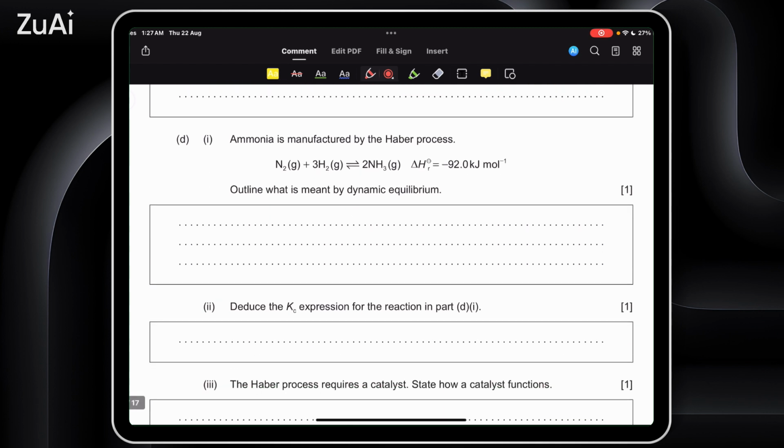Okay, what is meant by dynamic equilibrium? When the rate of forward reaction becomes equal to the rate of backward reaction.